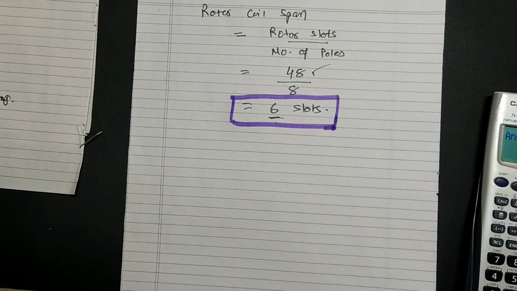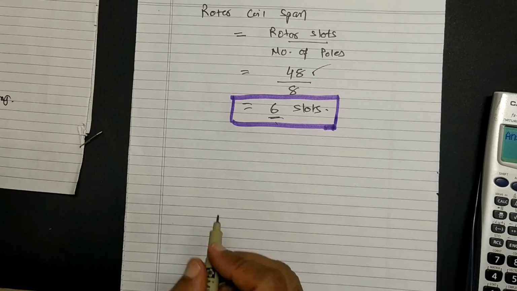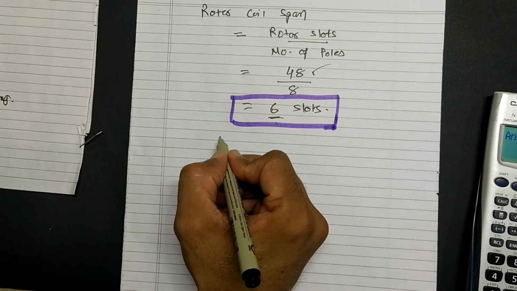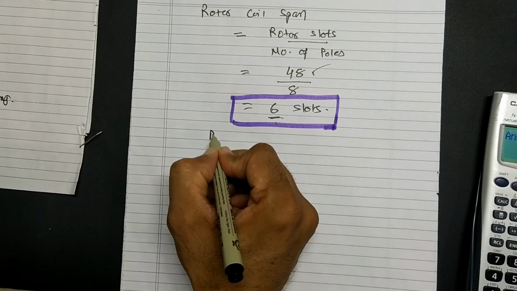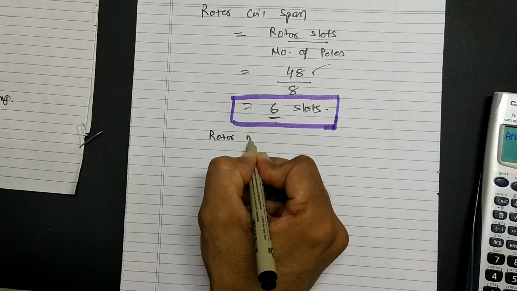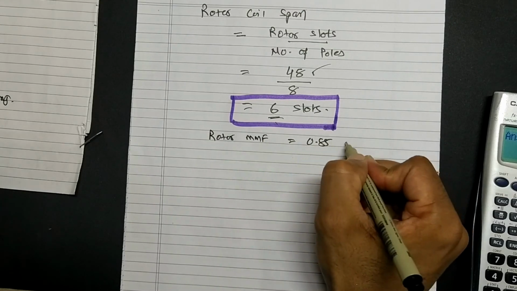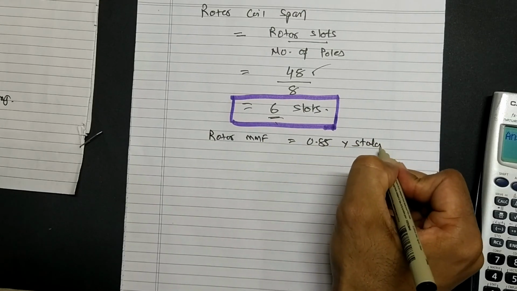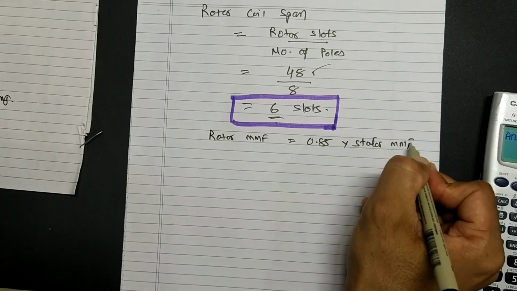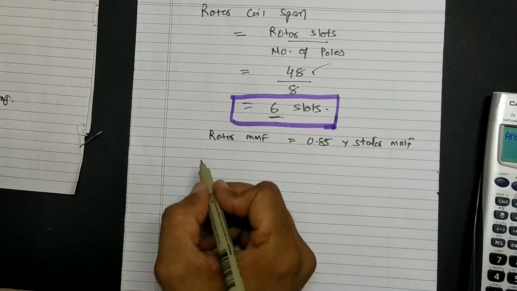So now the next step is our rotor current. Suppose in normal condition we take rotor mmf as 85% of stator mmf, right? This we normally consider.